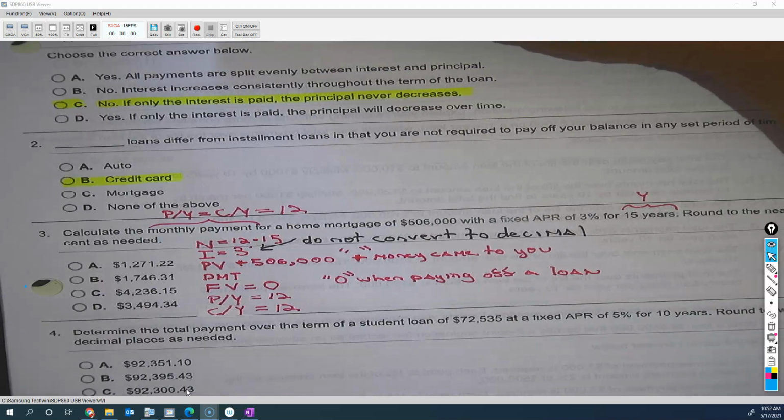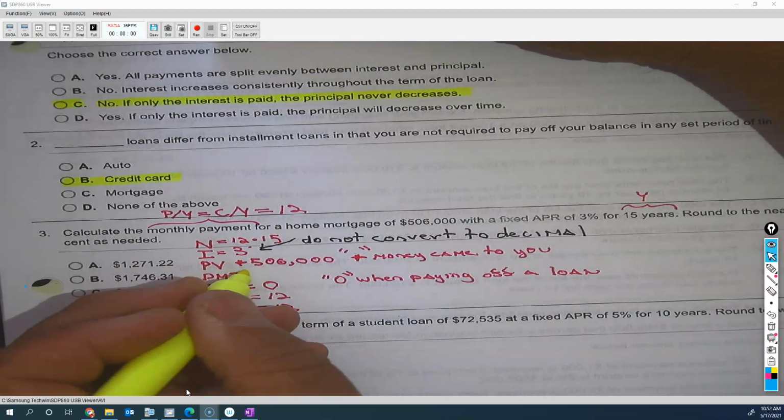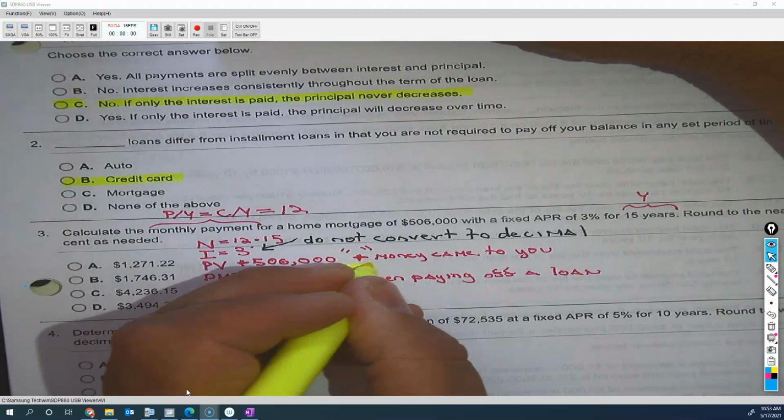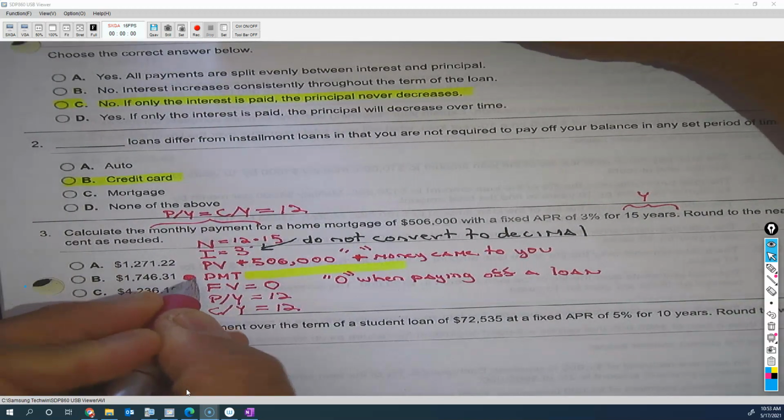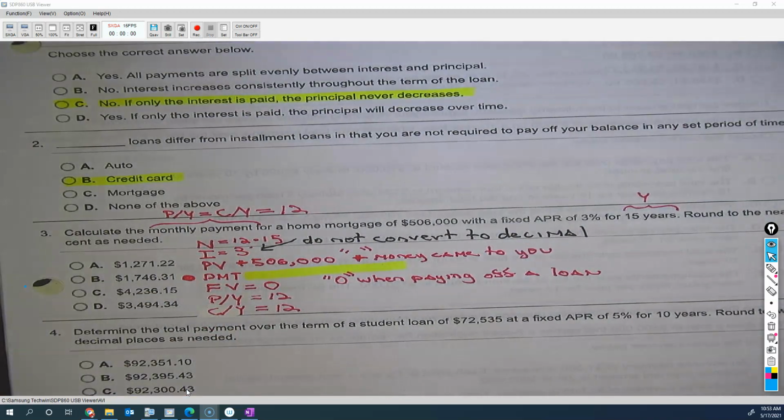All right, now what you're trying to find is this. What's the monthly payment going to be? So I'm going to put a little circle by it. That's the one that we do Alpha Enter on.